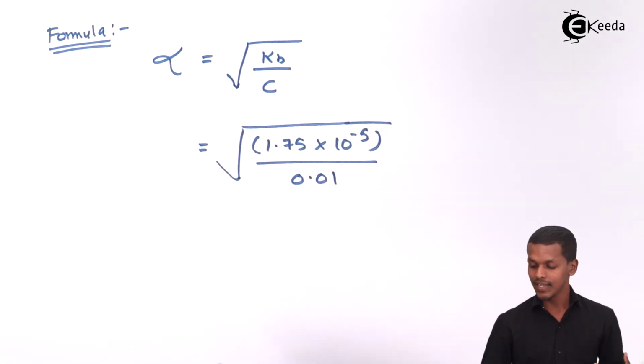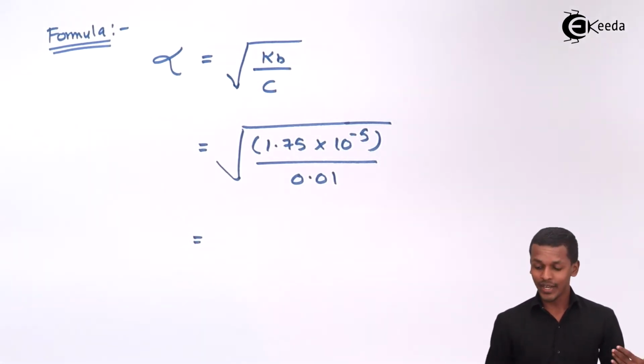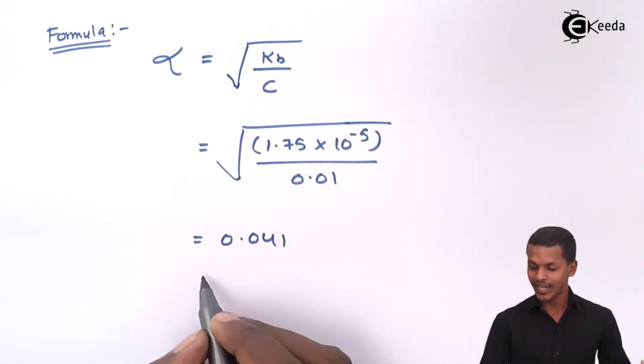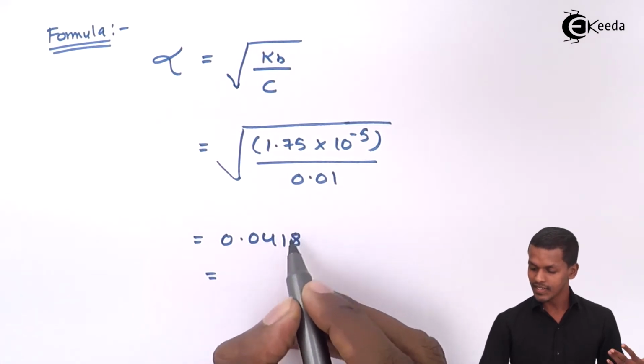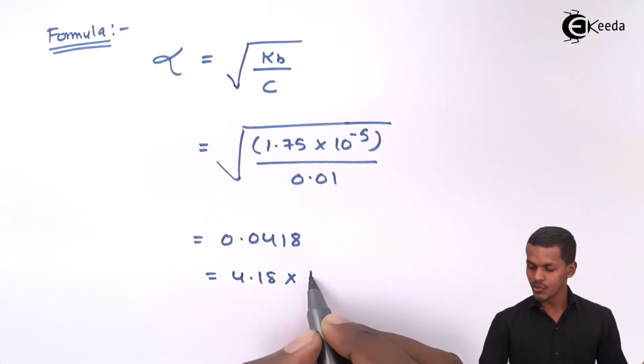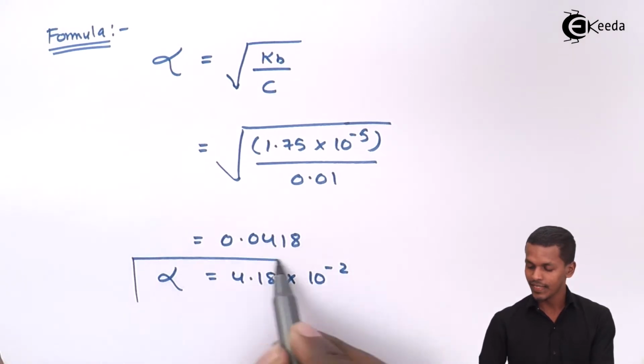Let us calculate this and see what answer we get. We have got an answer of 0.0418, or we could write it as 4.18 into 10 raised to minus 2. So this is the degree of dissociation that we have got.